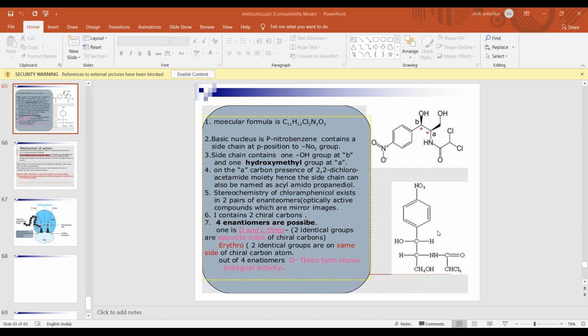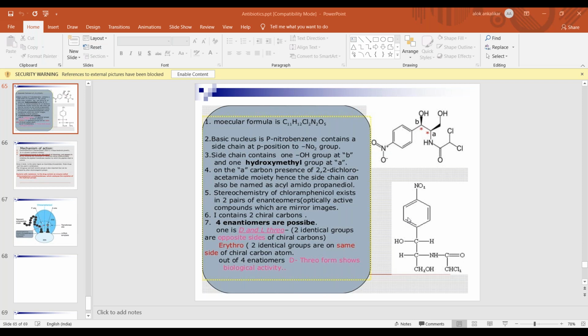Number one is the paranitrobenzene ring system with an amide bond and alcohol group, essential for activity. Okay, so you see that there is a paranitrobenzene ring, there is an alcohol group, there is also an amide group, and the amide group is joining the alcohol group as well as the paranitrobenzene ring system.